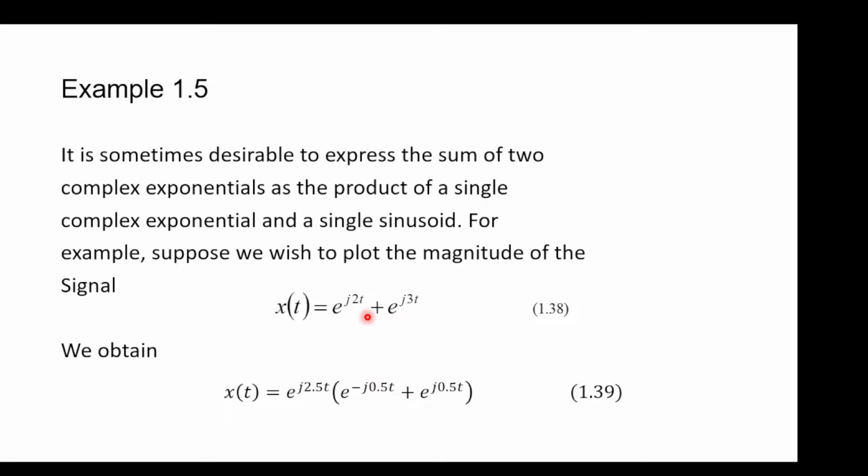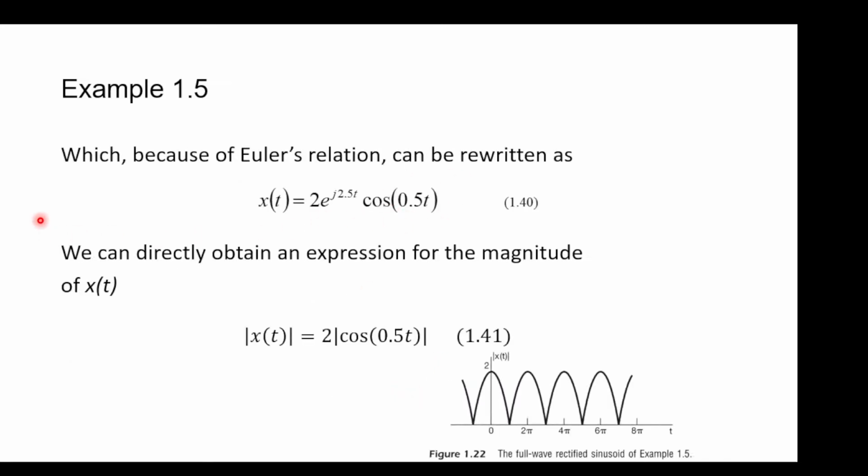So we try to match the plus j theta and the minus j theta here. We take out a factor that's the middle of these 2 and 3. So we take out e to the j 2.5t, and then we are left with e to the j 0.5t and e to the minus j 0.5t. This part looks like the cosine. This is twice cosine 0.5t.